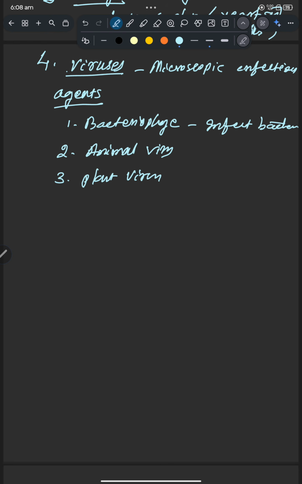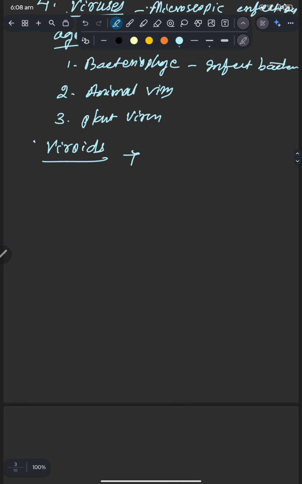Besides this, some other agents come under the virus group: viroids. So what are viroids? Viroids are infectious RNA particles. Remember, RNA particles lacking a protein coat.